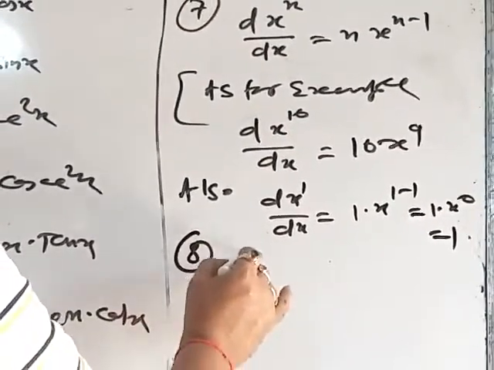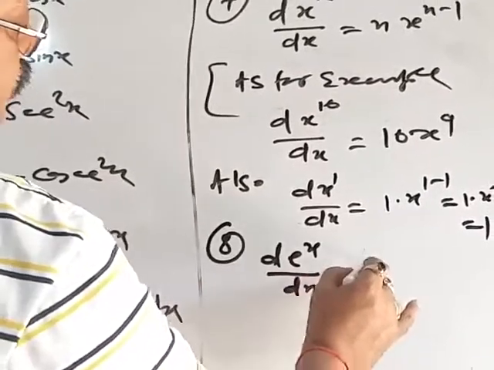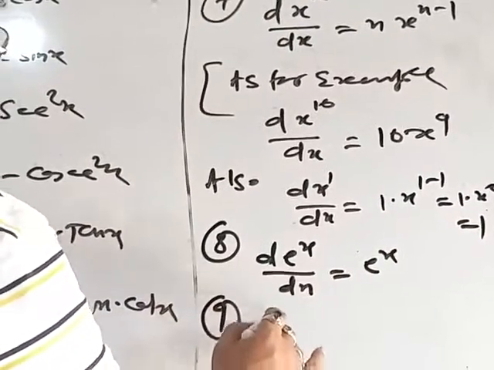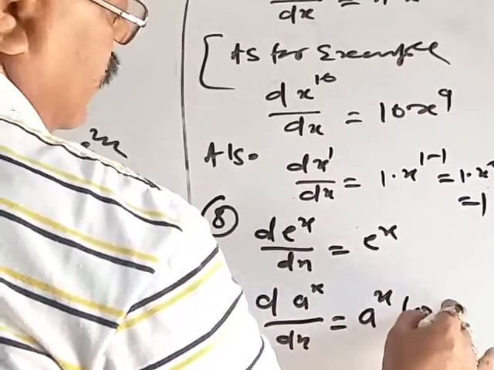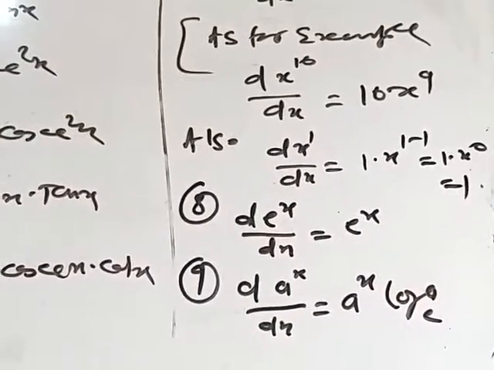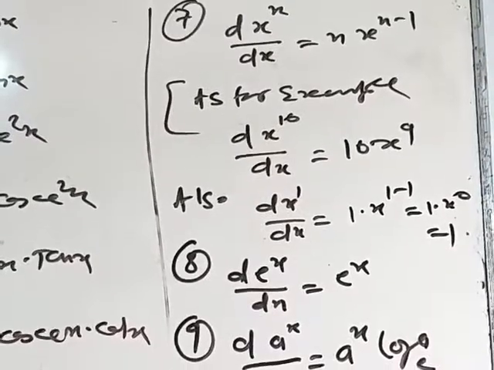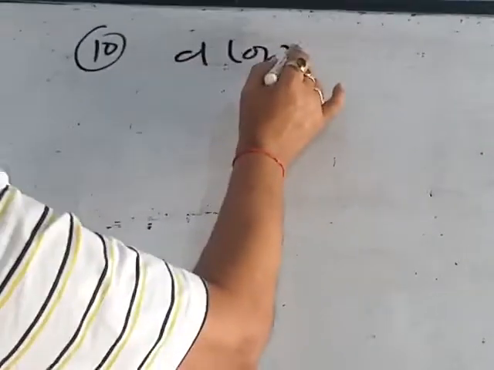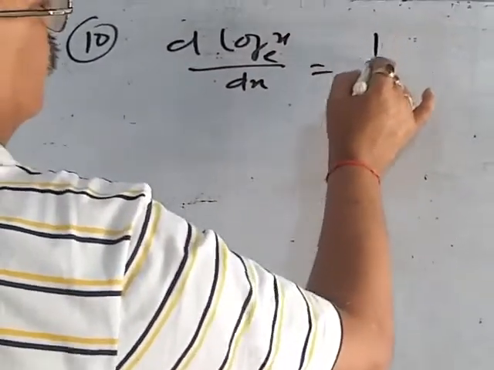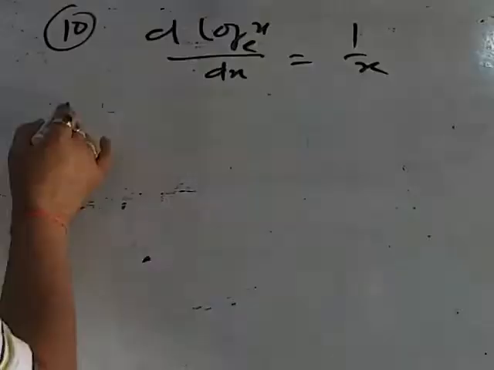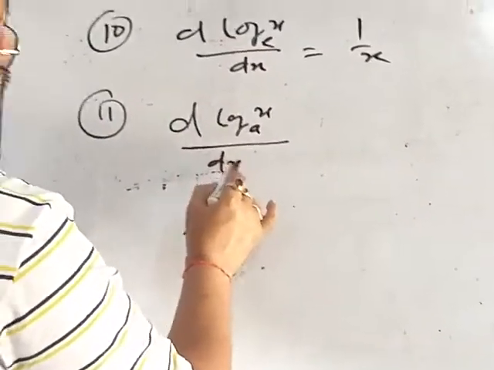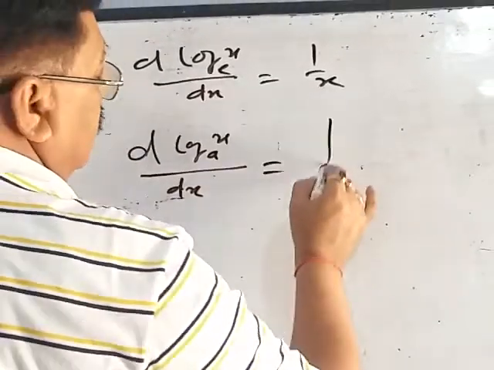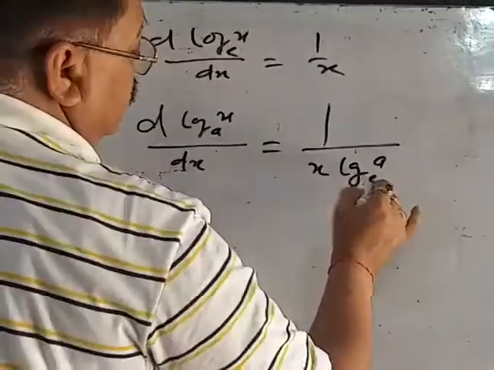Now d e power x by dx is e power x, students. d a to the power x by dx is a power x log of a to the base e. d log x to the base e by dx is 1 by x, students. d log x to the base a by dx: if the base is changed to a, then it will be 1 by x log a to the base e.